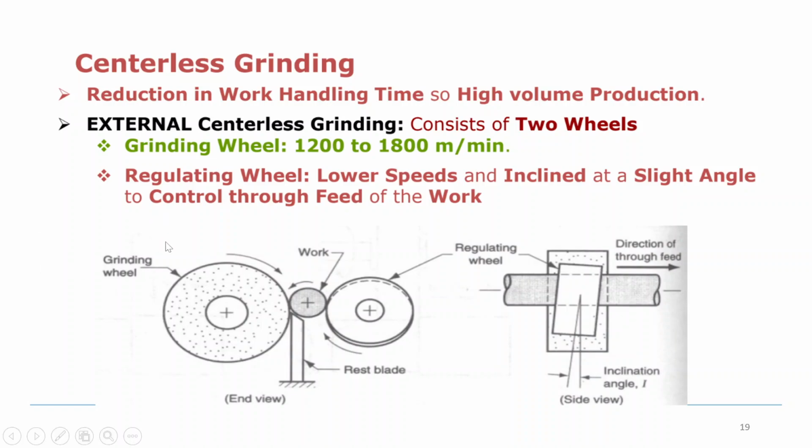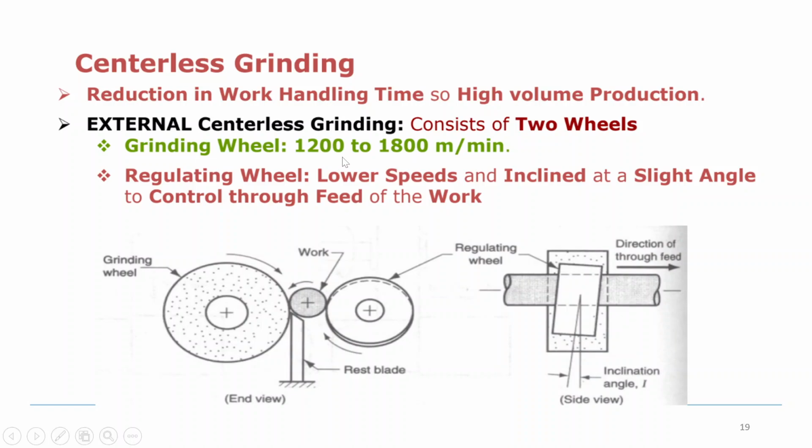Centerless grinding. In this case you will have a regulating wheel along with the grinding wheel. There is a reduction in work handling time, so high volume production is possible. External centerless grinding consists of two wheels.